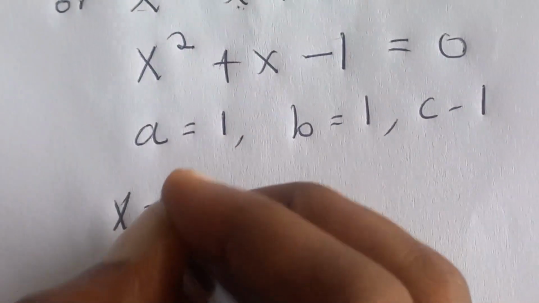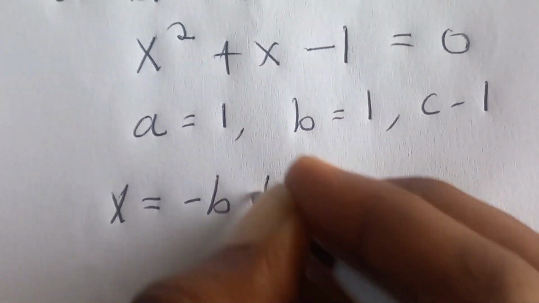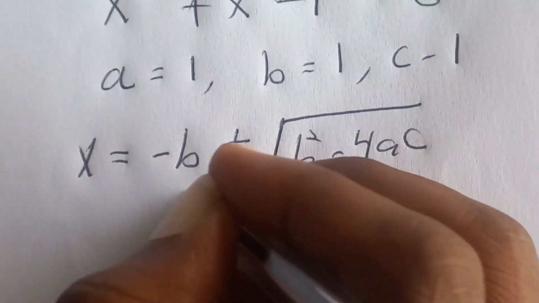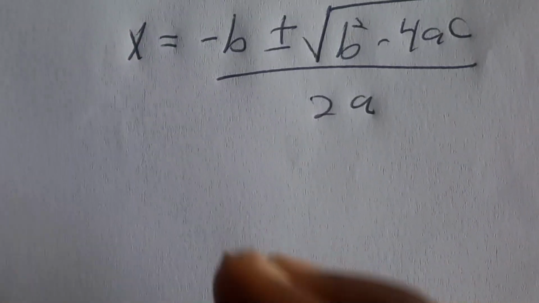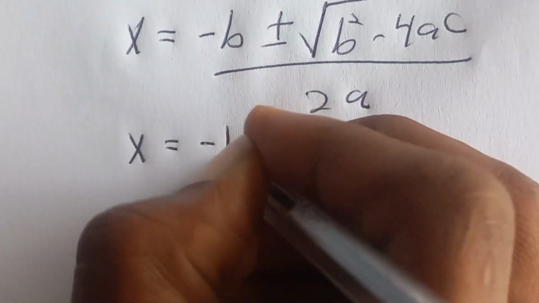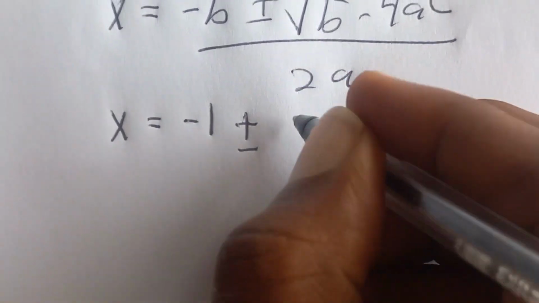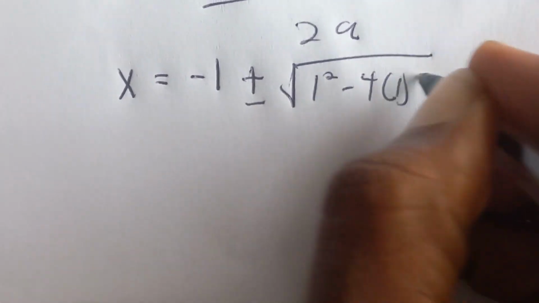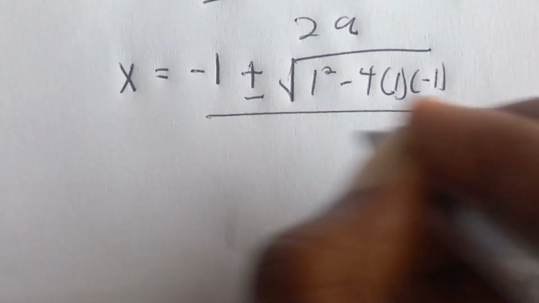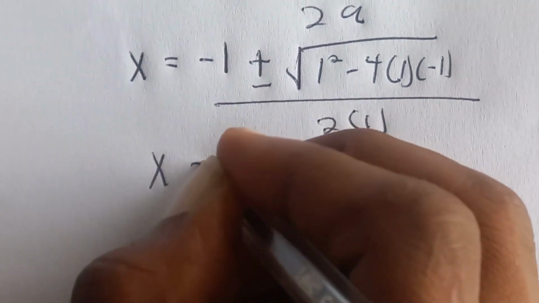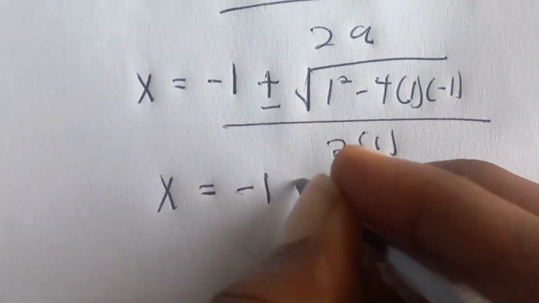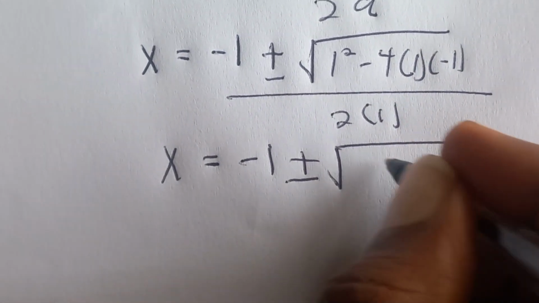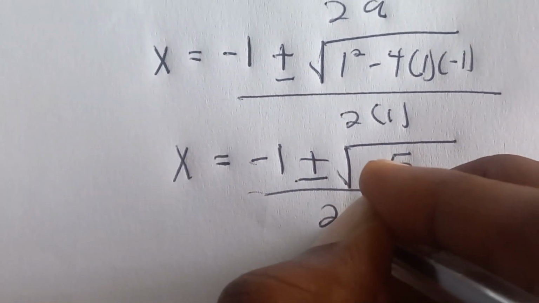So our x is equal to minus b plus or minus square root of b squared minus 4ac all over 2a. So our x is equal to -1 plus or minus square root of 1 squared minus 4 into bracket 1, -1 all over 2 into bracket 1. So our x is equal to -1 plus or minus square root of 5, all over 2.